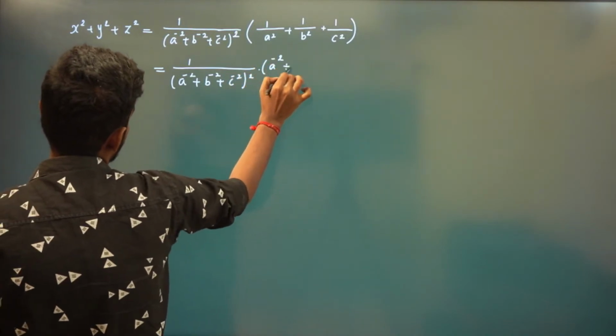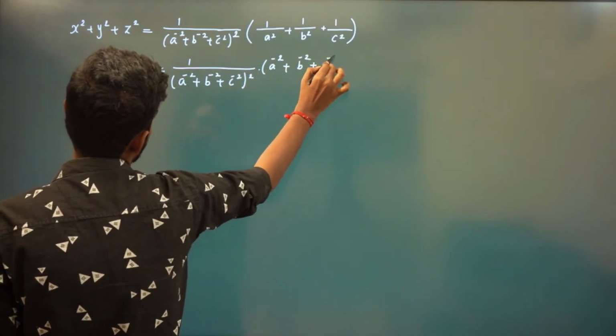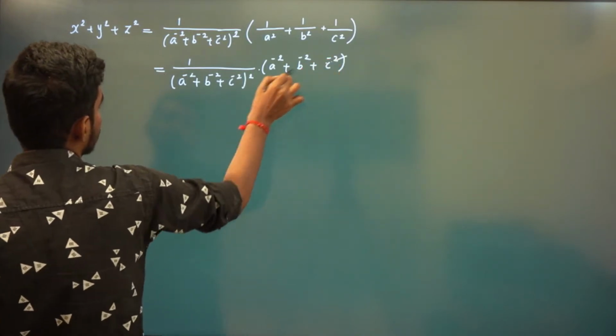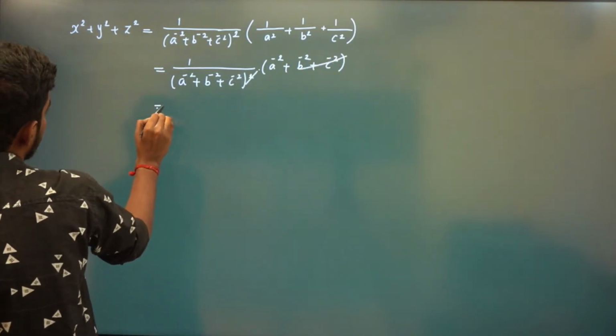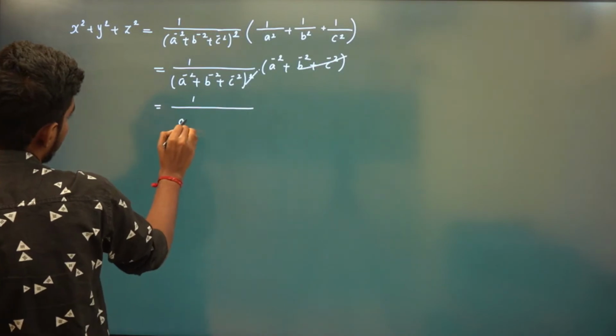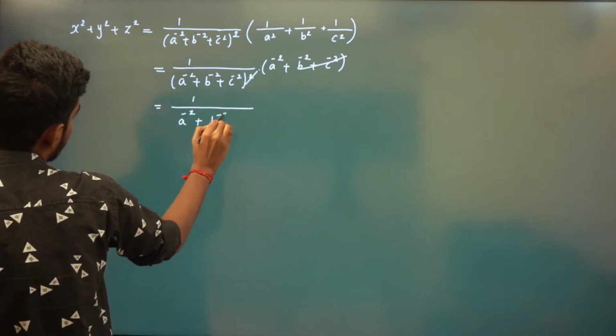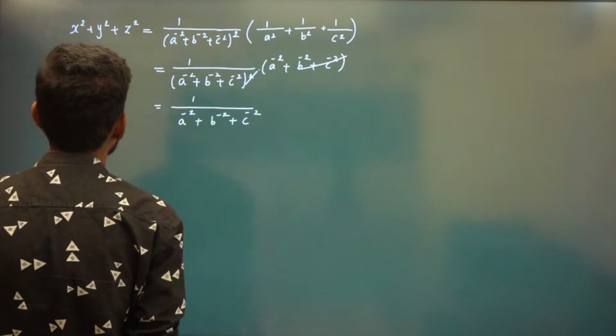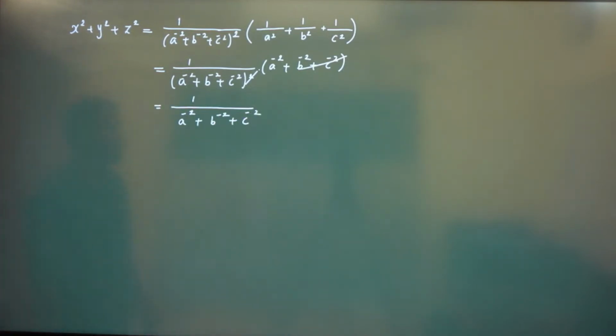Let us write this as a power minus 2 plus b power minus 2 plus c power minus 2. So this term and this square will get cancelled. So we will have 1 divided by a power minus 2 plus b power minus 2 plus c power minus 2. Right? This is the value of x square plus y square plus z square.